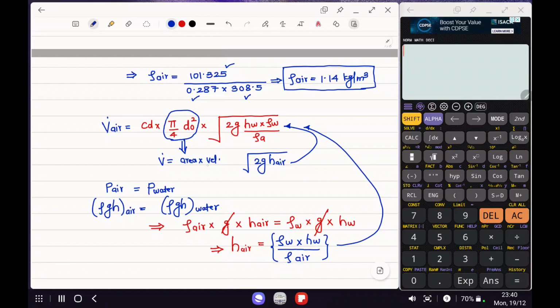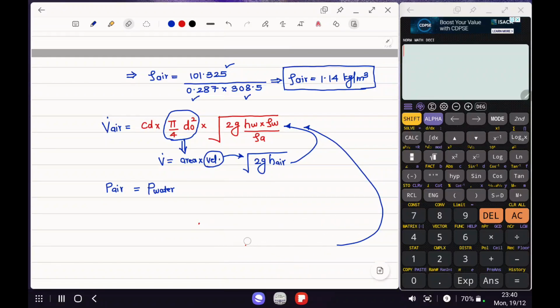So we are actually talking about this velocity component through this bracket, and again for this H of air we have this particular equation. So ultimately, I hope this understanding is clear. We are not doing anything differently. There is no rocket science. We are just using our fundamentals of fluid mechanics so that we can arrive at the discharge rate of air through the orifice meter. So I will just erase this, everything now. I hope this understanding is clear.